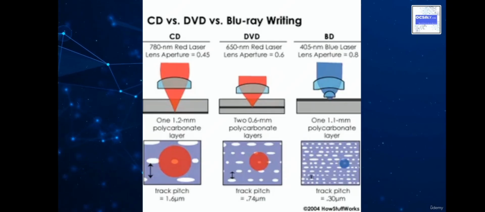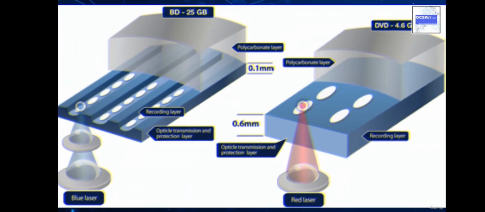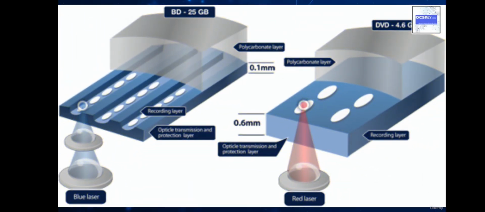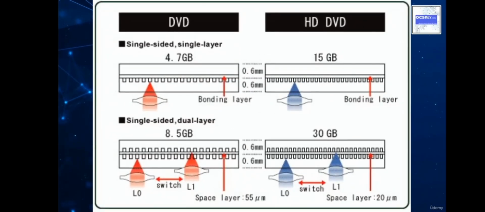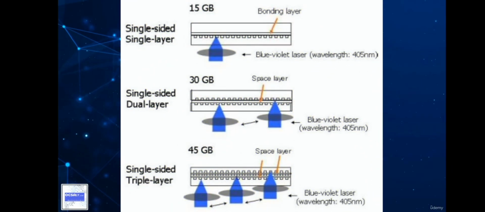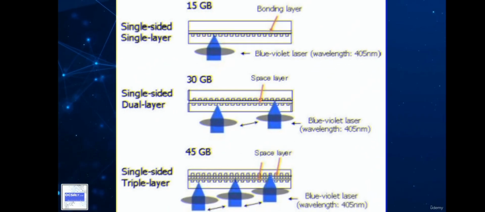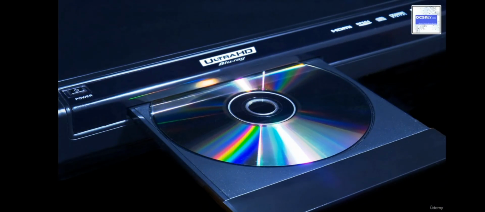The main application of Blu-ray is as a medium for video material such as feature films and for the physical distribution of video games for the PlayStation 3, PlayStation 4, PlayStation 5, Xbox One, and Xbox Series X. The name Blu-ray refers to the blue laser, which is actually a violet laser, used to read the disc, which allows information to be stored at a greater density than is possible with the longer wavelength red laser used for DVDs.